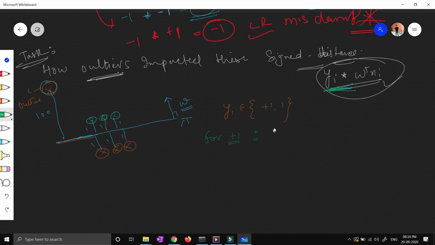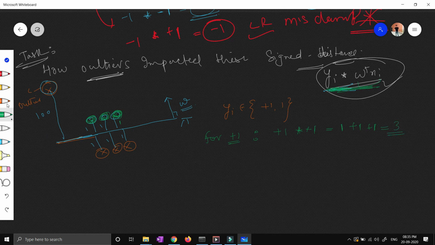I know my actual yi is +1, into this distance w transpose xi, which is 1, and just because it is in the direction of w, it will be +1 already. So it means 1. Similarly for all the points, this value will come +1, and for this point it will also come +1. So you can see the value is 3.